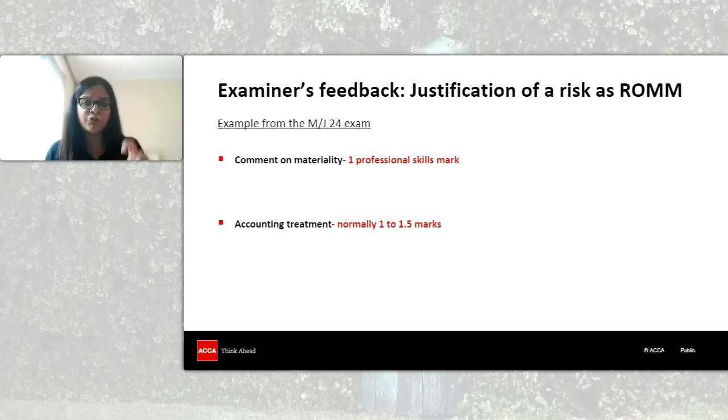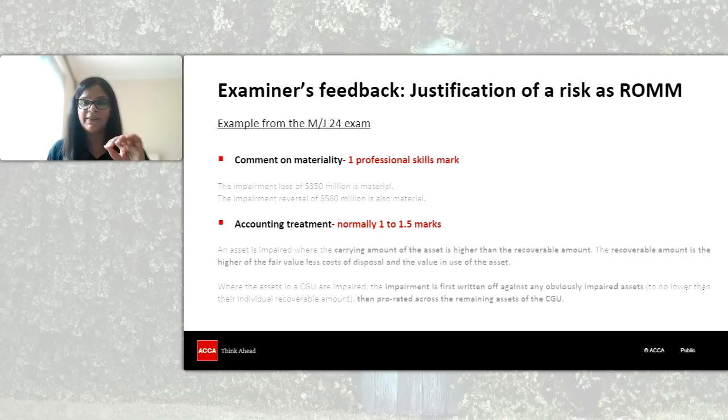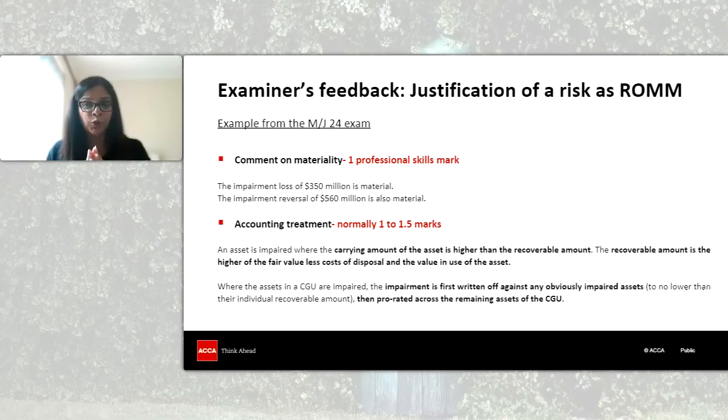I'm just going to show you an example from what we've been saying, just to sort of give it a more practical perspective. So we start off by commenting on whether it is material. I hope you know that you're not allowed to do a percentage calculation of materiality. Right at the start, you would have already done your materiality determination.